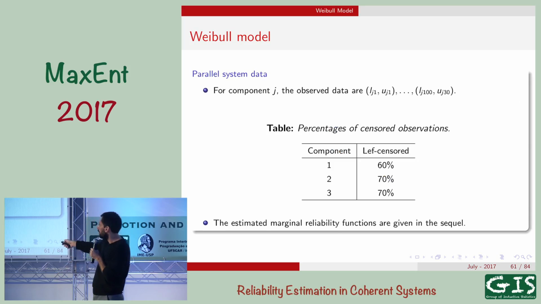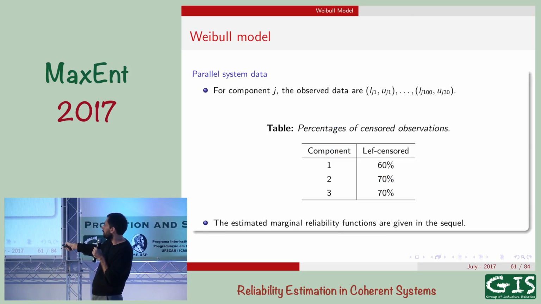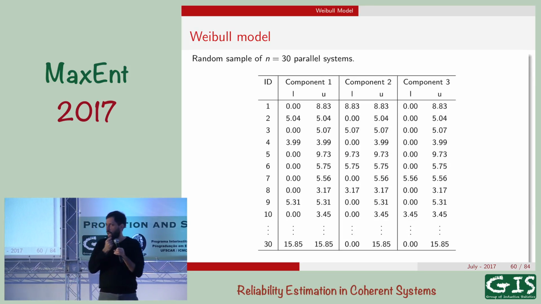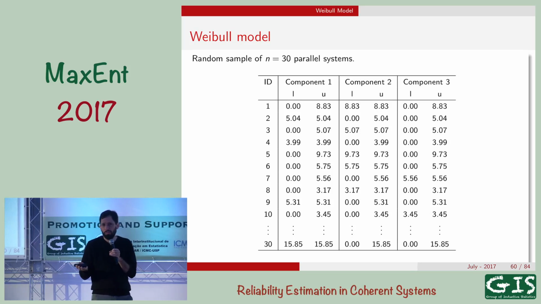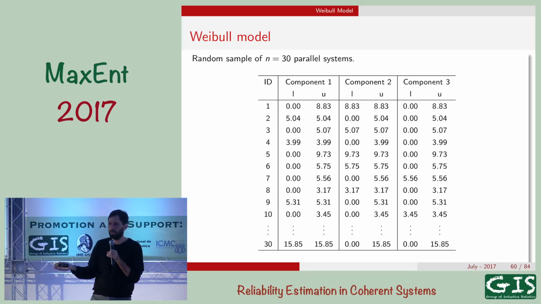Remember, if I have 70% of censoring in 30 samples, we are observing 30%. Fewer than 9 systems were observed with failure time. So our sample is really small.